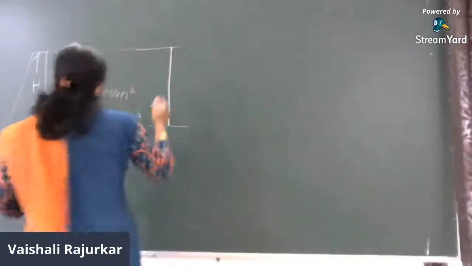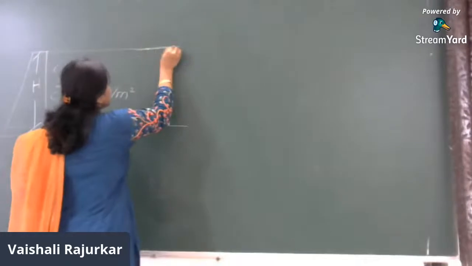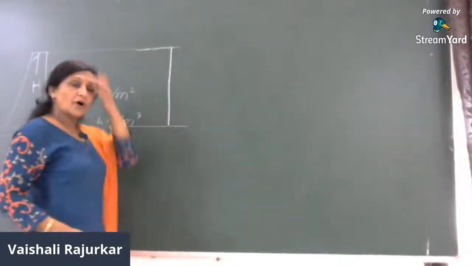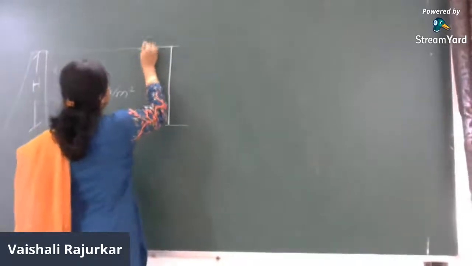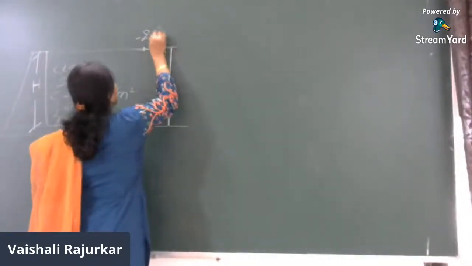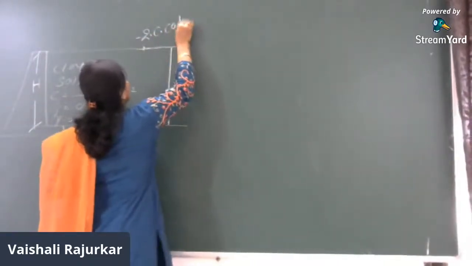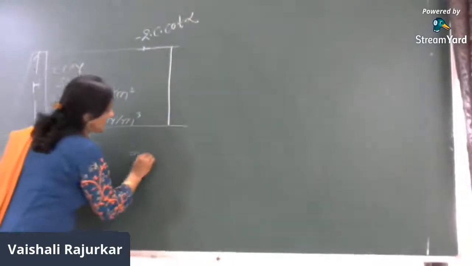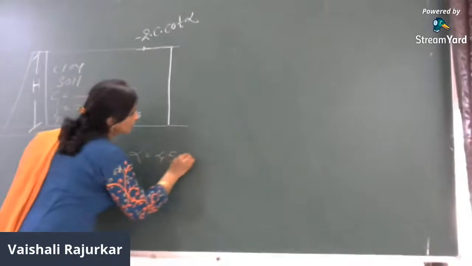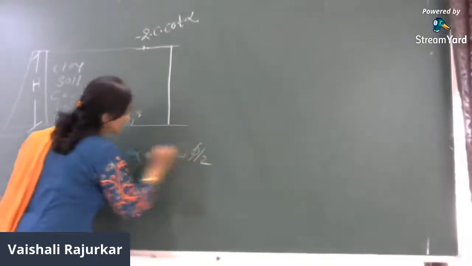So there is no pressure on the wall, or in fact we can say there is a negative pressure on the wall, and the intensity of it is minus 2c cot alpha. What is alpha? Alpha is equal to 45 plus phi by 2.